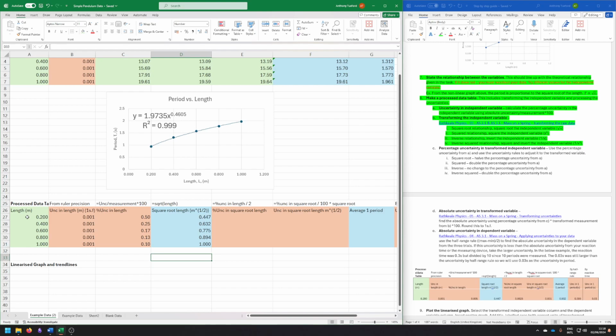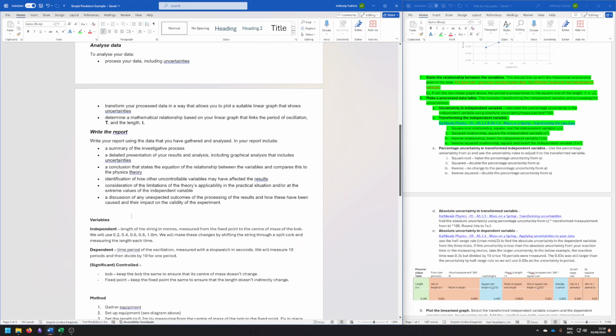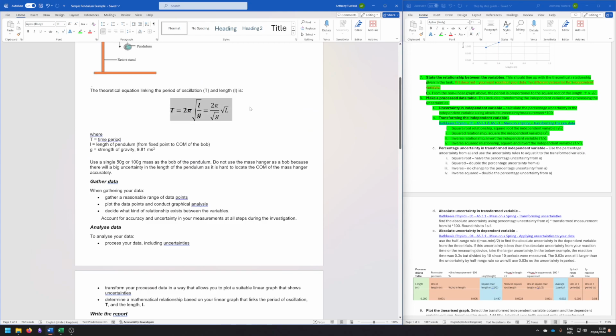And if you were doing an inverse square, you would do equals 1 divided by, maybe use brackets here actually, the length squared, close bracket, like that. So it all depends on the task and your theoretical equation.